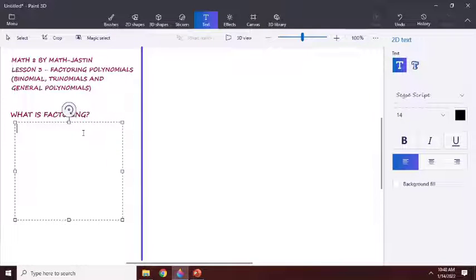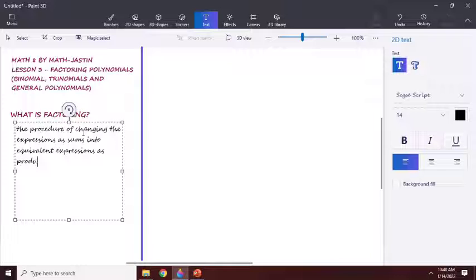What is factoring? It is the procedure of changing expressions as sums into equivalent expressions as products. Okay, what does it mean?